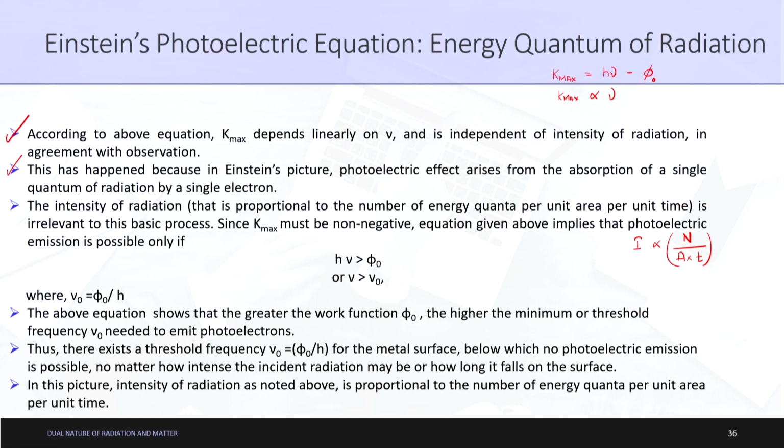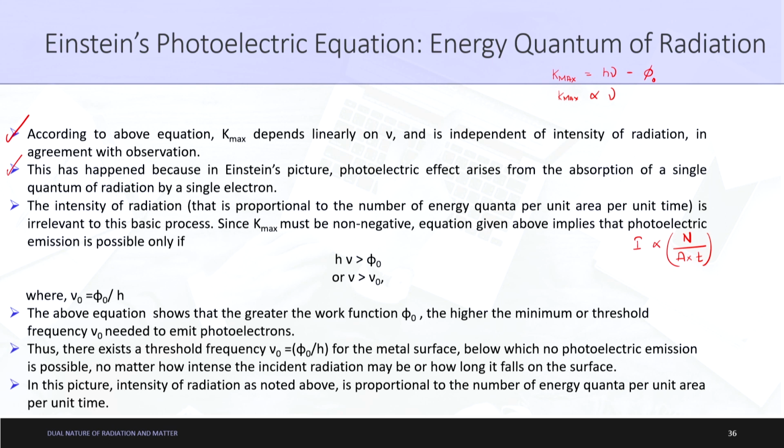Since Kmax must be non-negative, which is quite evident, because as we may have heard in kinematics, kinetic energy is equal to half m v square, and as mass cannot be negative and v square cannot be negative, kinetic energy cannot be negative. So the equation implies that photoelectric emission is possible only if h nu is greater than phi naught.